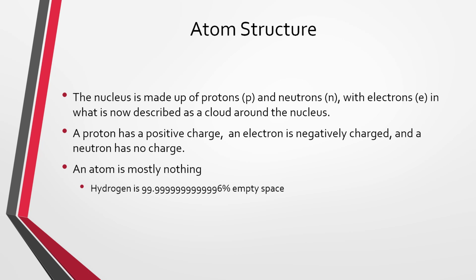So it's highly empty space. So only that 0.00004 is made up of something in a hydrogen atom. This is a good example of why scientific notation is an important thing to utilize.